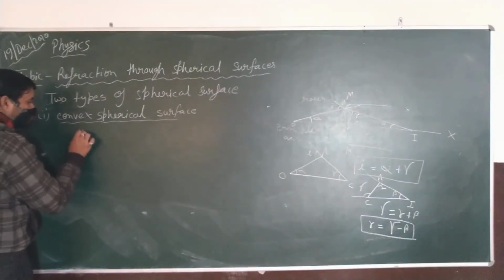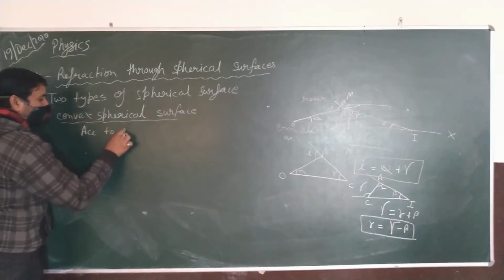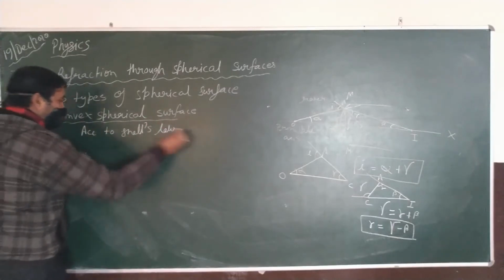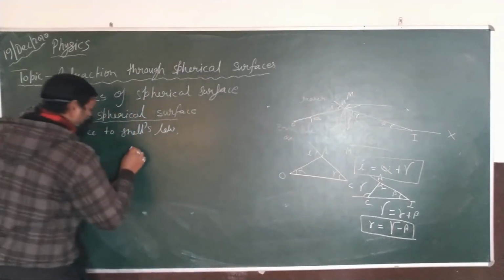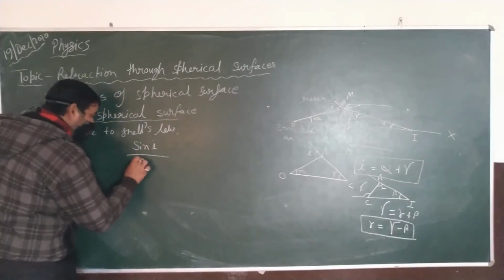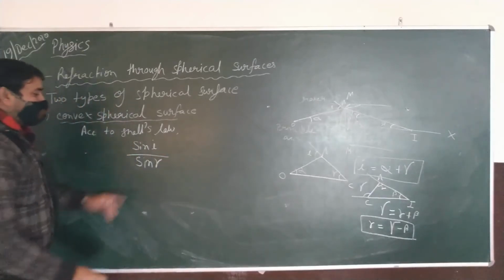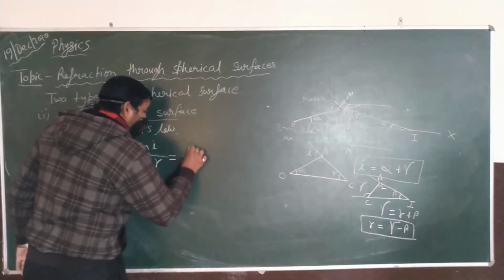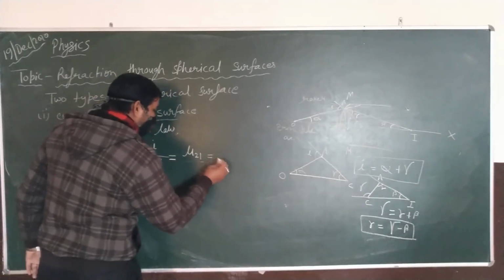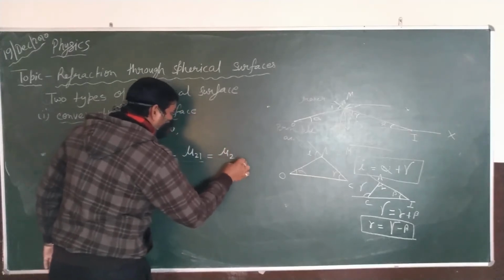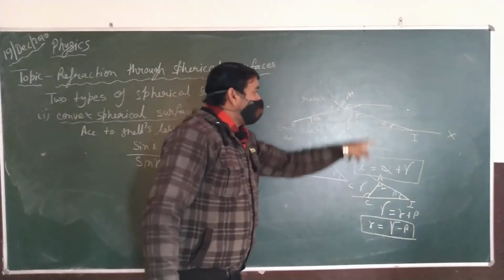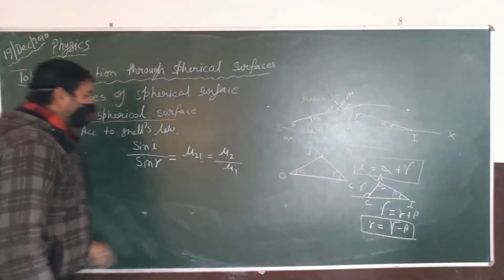According to Snell's law, sin i to sin r, the ratio of the angle of incidence to the angle of refraction, is equal to the refractive index of the second medium with respect to the first medium. This you can write as mu2 upon mu1.